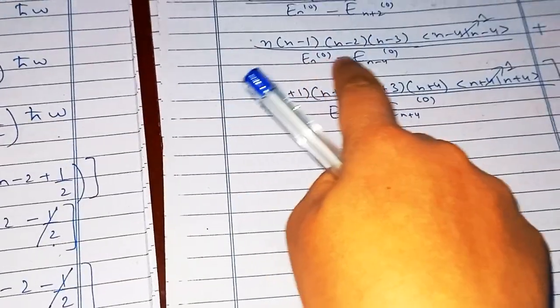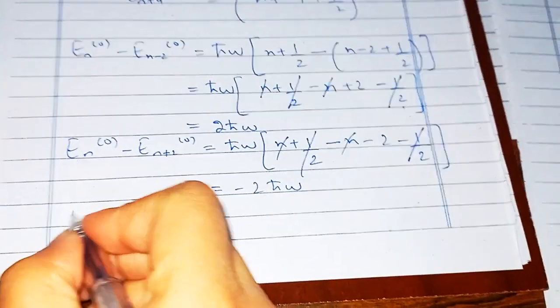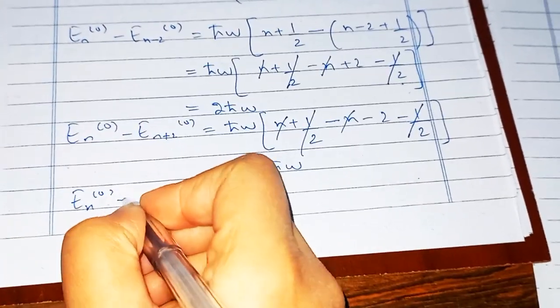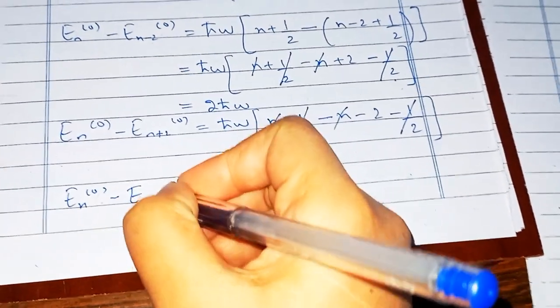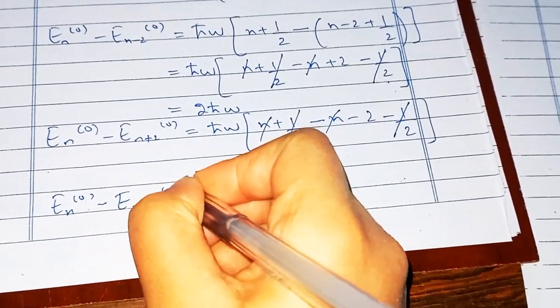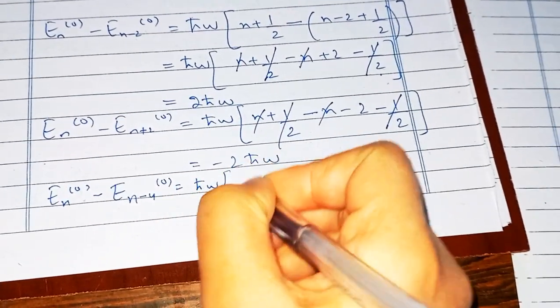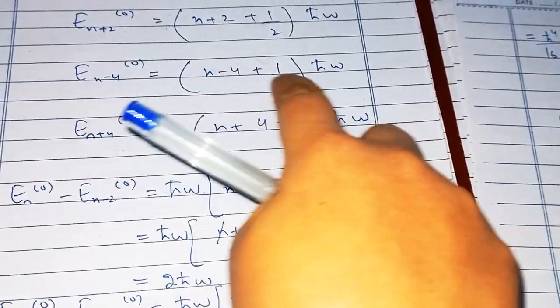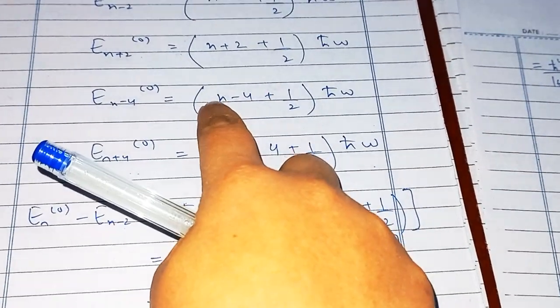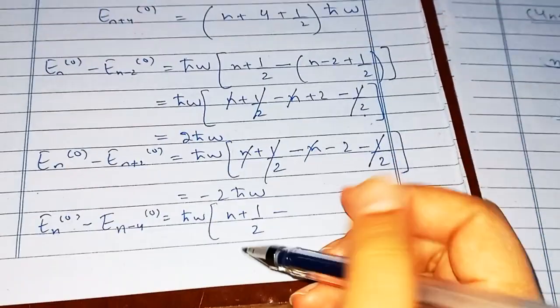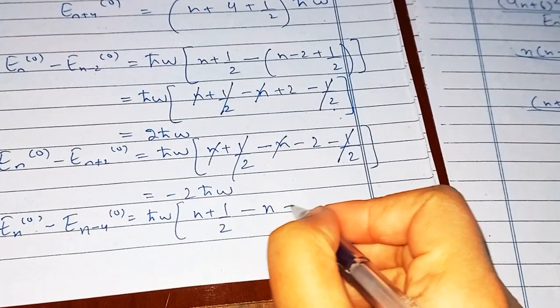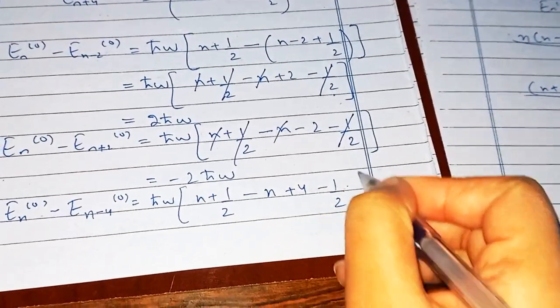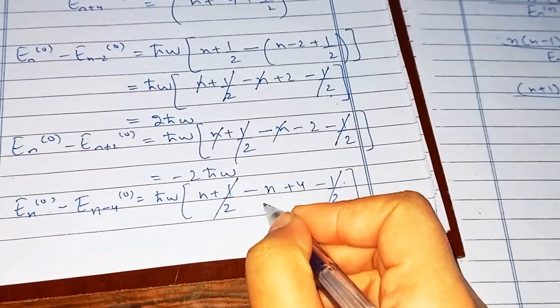Then we have En of 0 minus En minus 4 of 0. Let's do that. En of 0 minus En minus 4 of 0. So it's h cut omega, n plus 1 by 2 minus, what is En minus 4? It's this. So let's change the signs inside. It's minus n plus 4 minus 1 by 2. They cancel out.